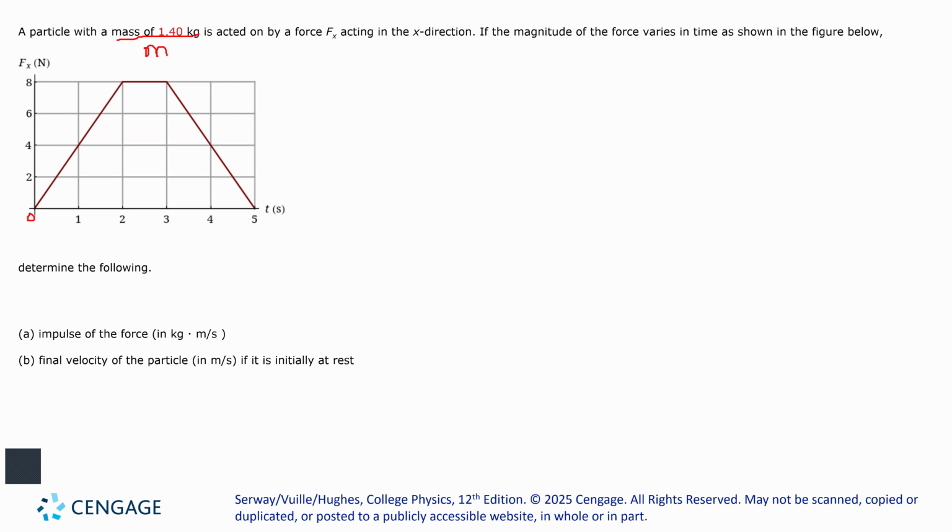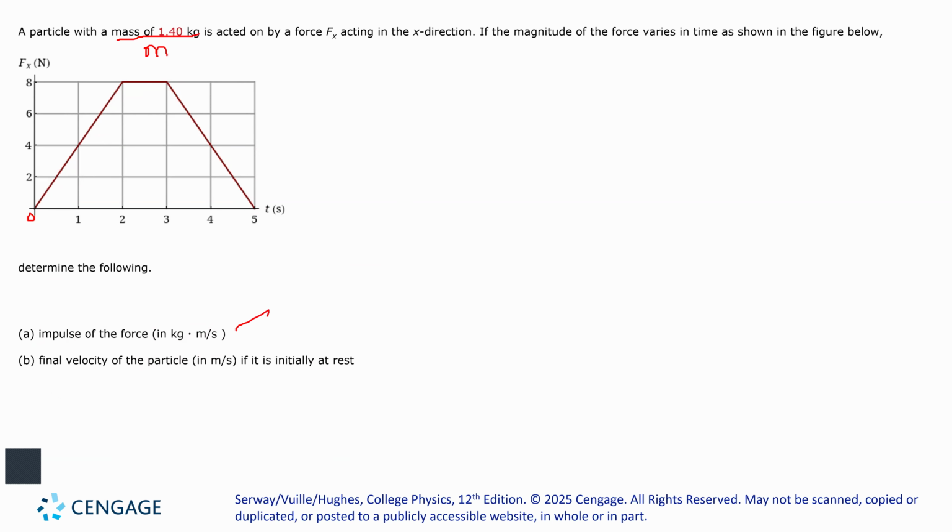Between 0 and 2 seconds, it's linearly increasing, then it stays constant between 2 and 3 seconds, and after that, it linearly drops back to 0. So given this graph and the mass, we need to find the impulse of this force and the velocity of the particle if it was initially at rest.